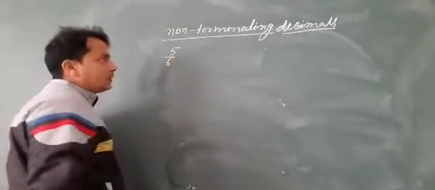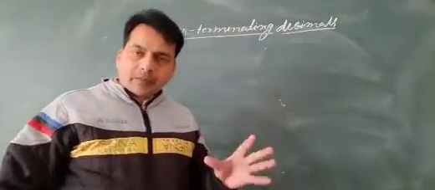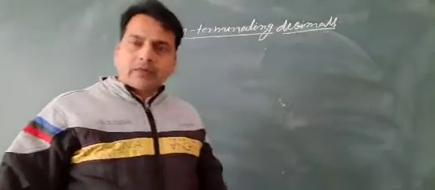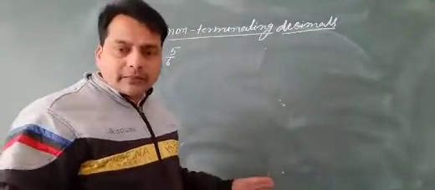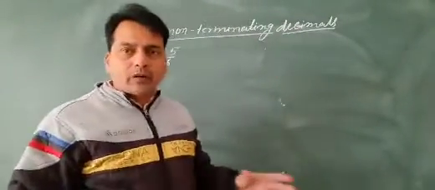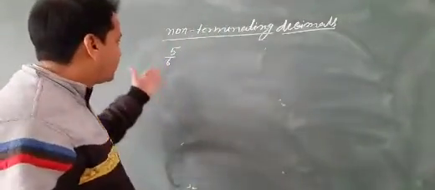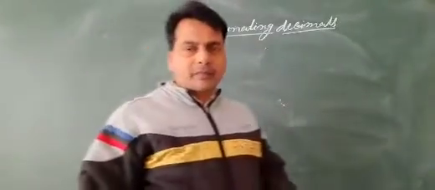According to the terminating decimal rule, if the prime factors of the denominator are 2 or 5 or both, it is called terminating. For the non-terminating decimal, any prime factors other than 2 or 5 make it non-terminating. So here is the first example: is 5 by 6 a terminating or non-terminating decimal?